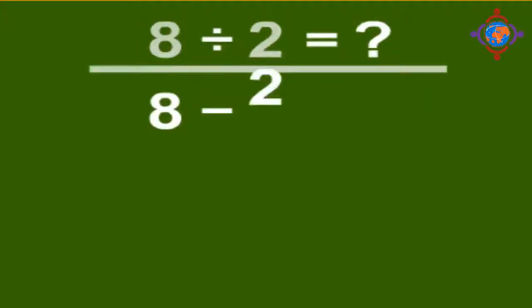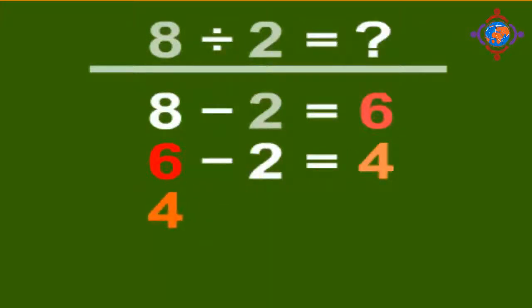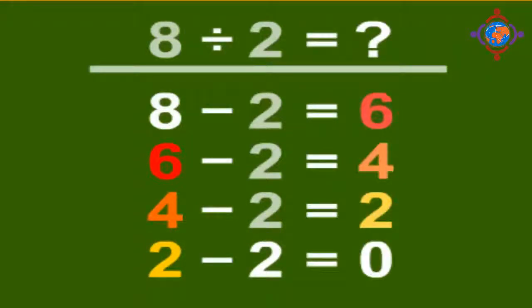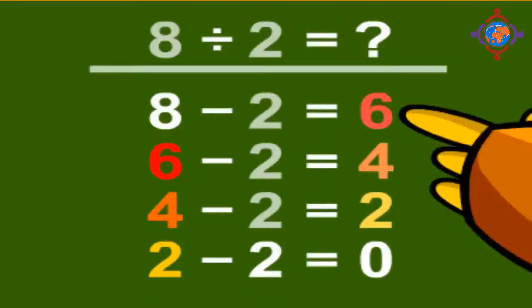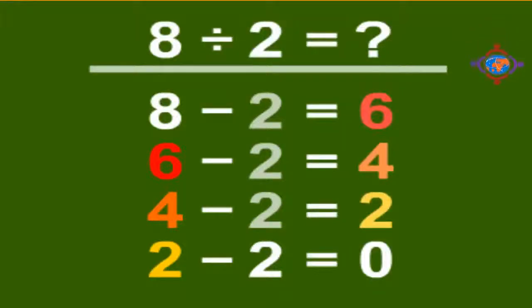I know that 8 minus 2 is equal to 6. 6 minus 2 is equal to 4. 4 minus 2 is equal to 2. And 2 minus 2 is equal to 0. We subtracted 4 times until we got to 0. So 8 divided by 2 is equal to 4.